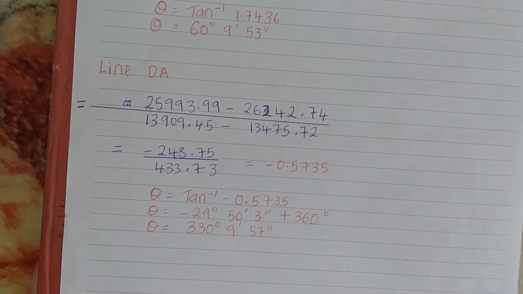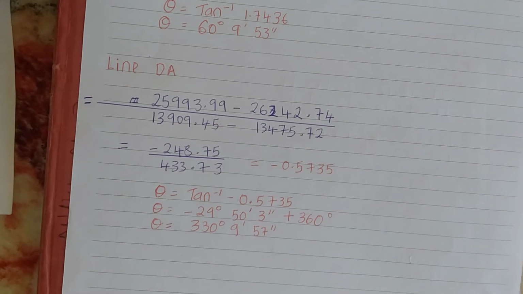But you know that the bearing cannot be negative, so if you want to bring it to positive, you add 360 degrees to get 330 degrees 9 minutes and 57 seconds. So we are done calculating the bearing.